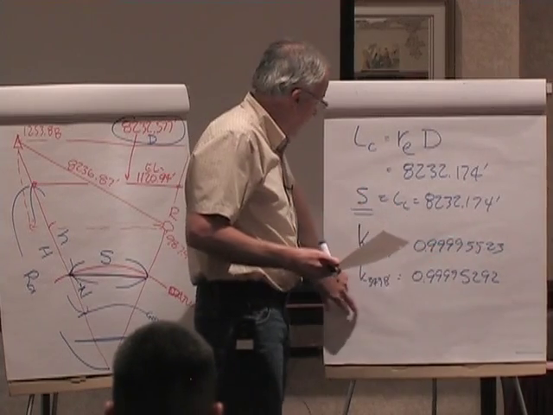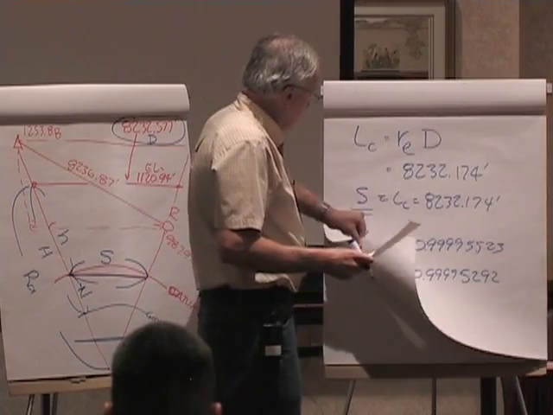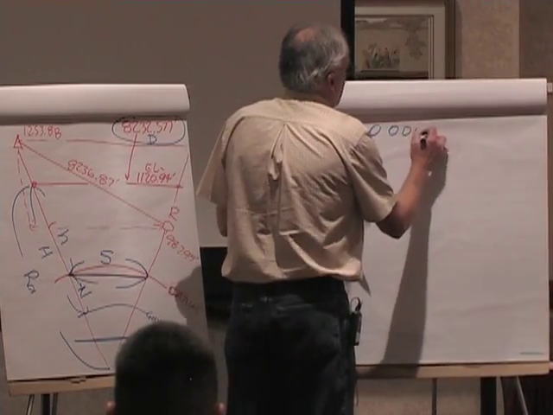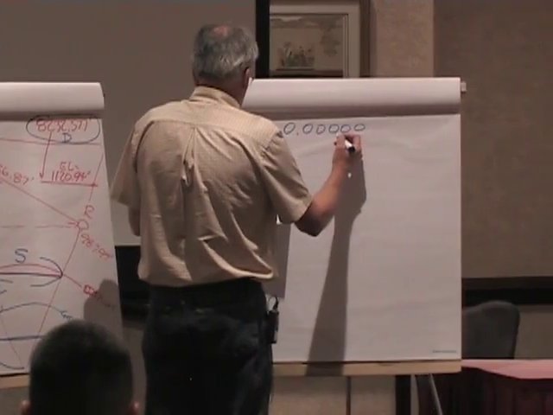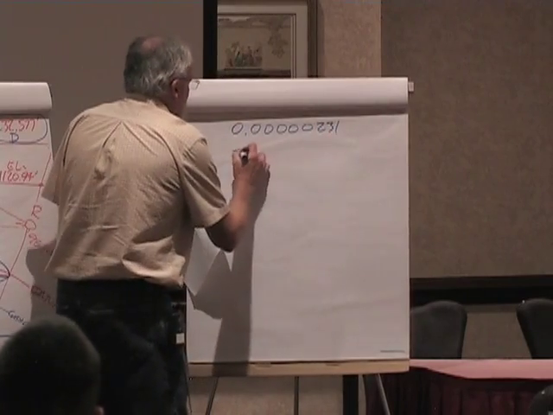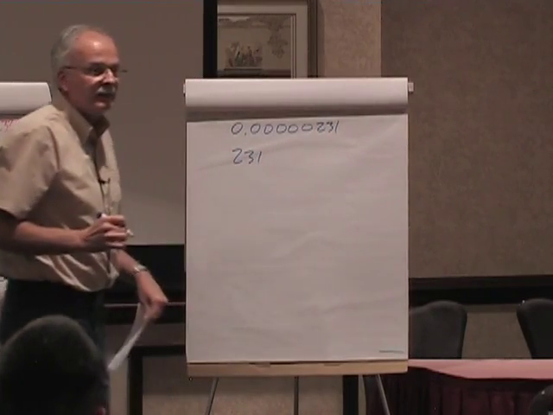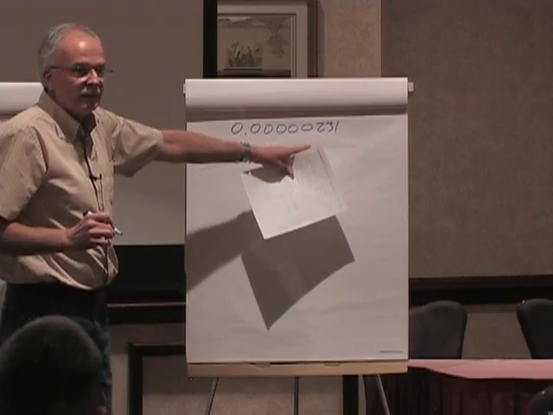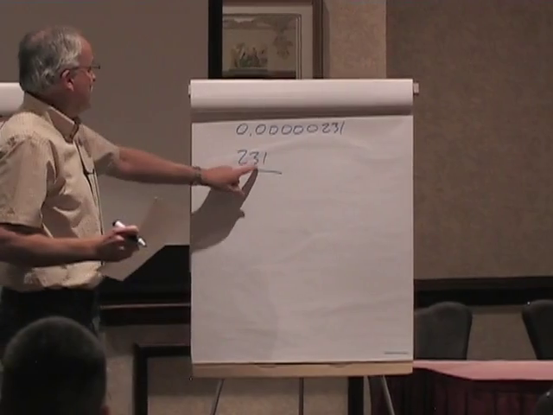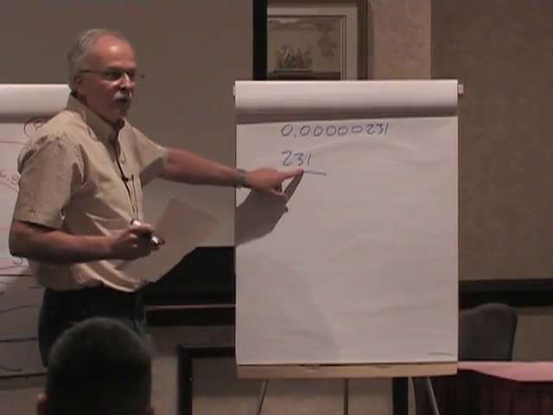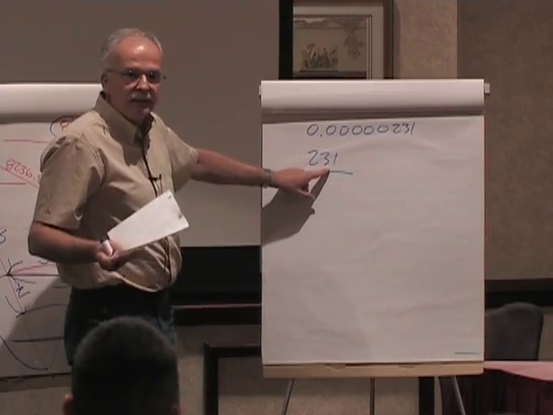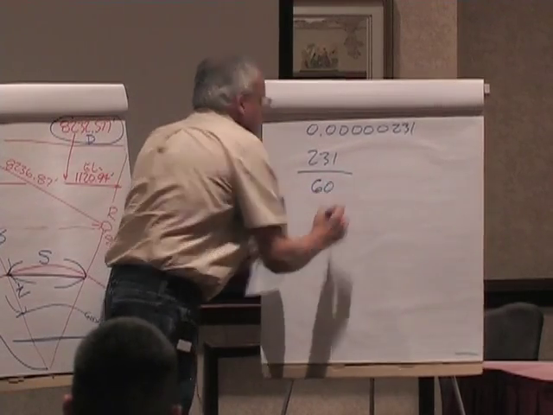If I were to subtract these, I get 231. Okay, let's just work with the 231. Forget these zeros for a minute. You can do it if you want to. And this is the amount of change in your scale factor over what dimension? 1 minute or 60 seconds.